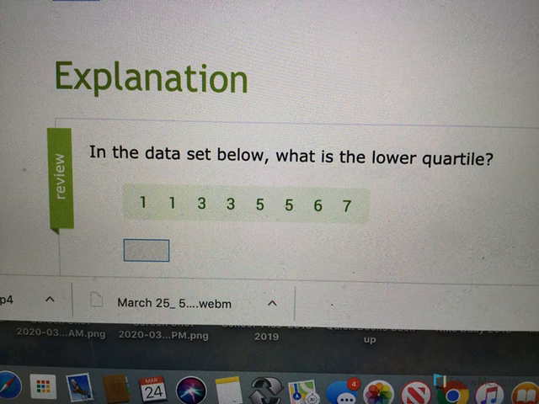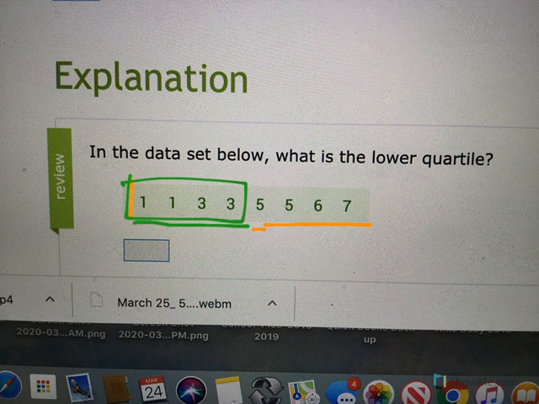This is another example of figuring out the lower quartile. We're going to divide our data into upper and lower again. I'll put my lower ones in green, and that's 1, 2, 3, 4 of them. I'll put my upper ones in orange, so that's my upper quartile. But he's only asking for the lower, so he's only asking for the median of the lower half.